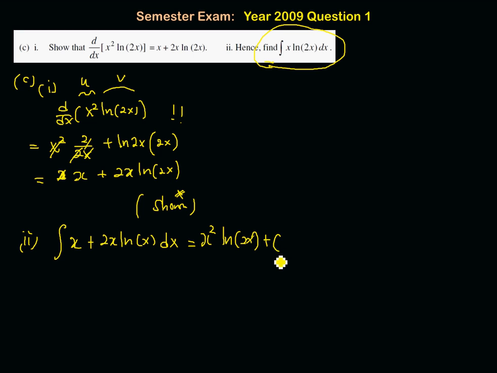When we're integrating, there is an integration constant. So you see, if you differentiate this, you get this answer. You integrate this, there is an answer. This is the antiderivative property that you have probably studied so far.